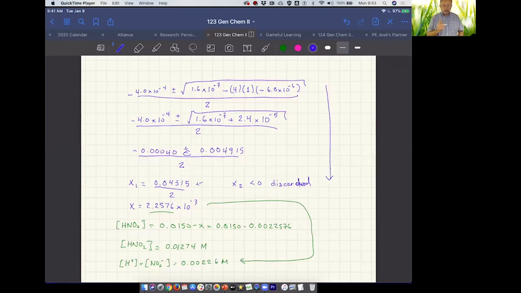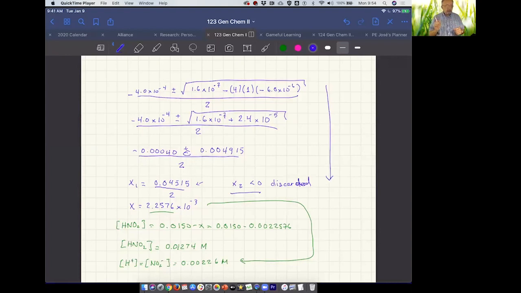Remember that the concentrations have to always be positive numbers. So if you have one of the x's, in this case, like we said here, we were able to discard it because concentrations have to be positive, and x represents the concentrations. Now, sometimes you'll have A minus x, B minus x, C minus x.